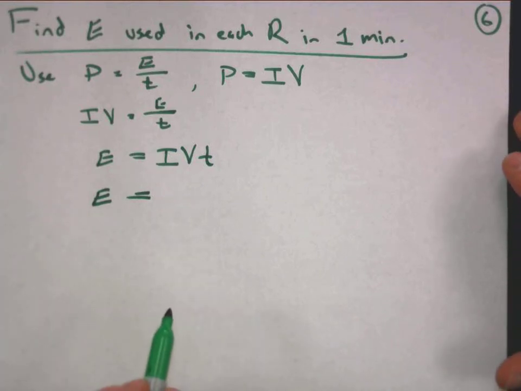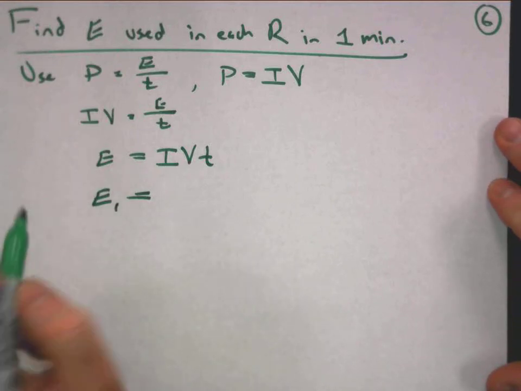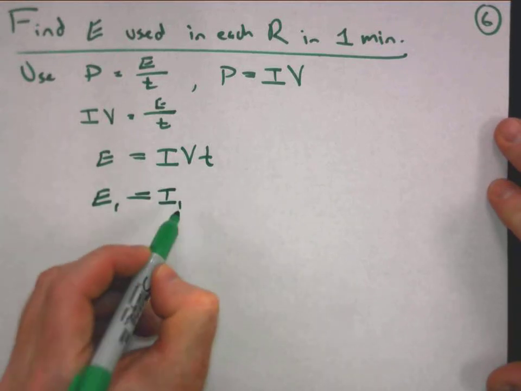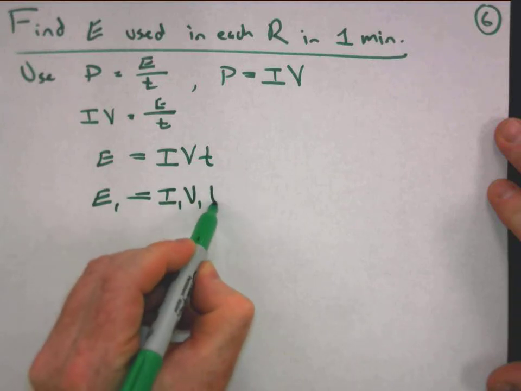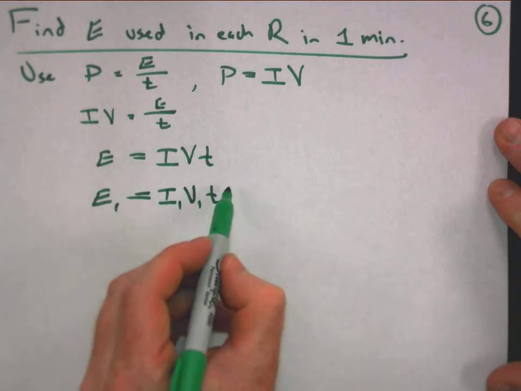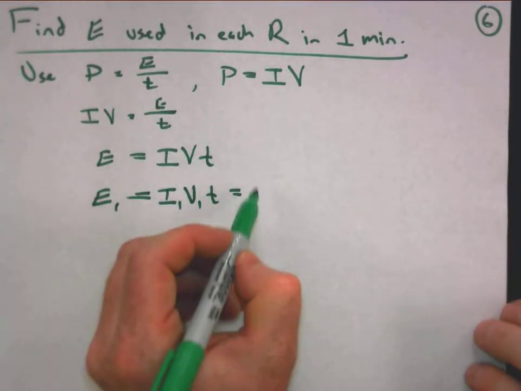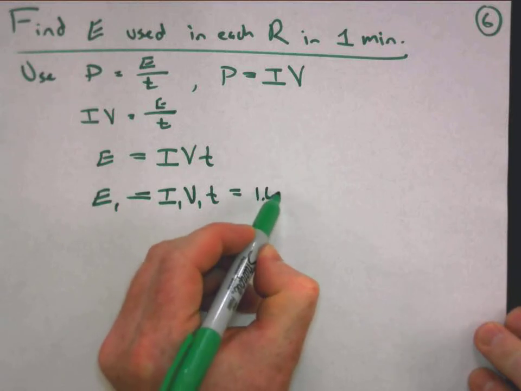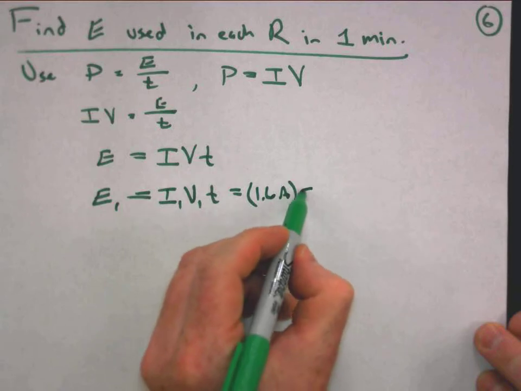Okay. So I can apply this to resistor number 1. Do I know the current through resistor number 1? Yes, I do. How about the voltage drop of resistor 1? Yes, I do. And the time, I'm golden. So the current through R1 is 1.6 amps. The voltage drop of R1 was 8 volts.